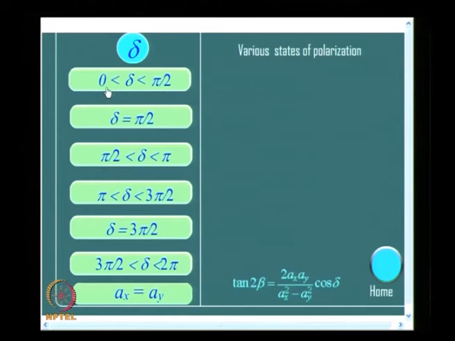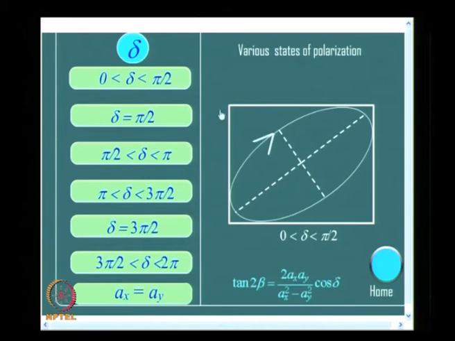And what we are looking at here is, we want to find out, in the range 0 to pi by 2, when delta is neither 0 nor pi by 2 but within this range, you have an ellipse like this. I want you to make a sketch. You will have a sketch for all of these cases, and also note down that this is rotating in a clockwise direction.